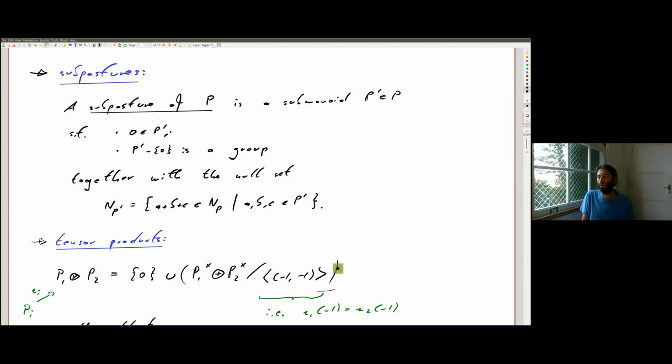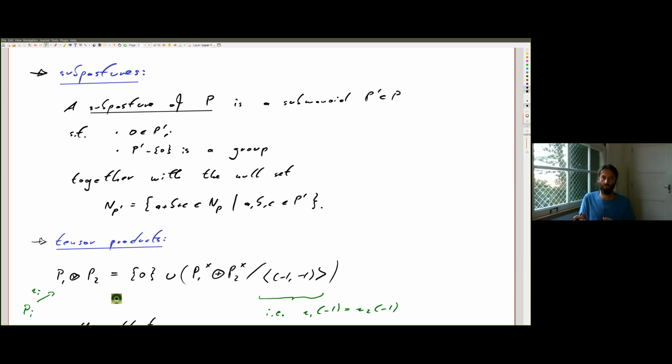Then dividing out by the subgroup means nothing else than that we identify the images of -1 with respect to these two embeddings. And since -1 is something like a structure constant for a pasture, we should identify them to have a reasonable notion. This is something I forgot in the beginning.